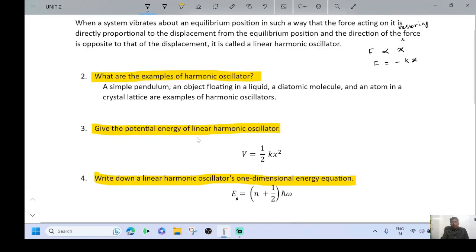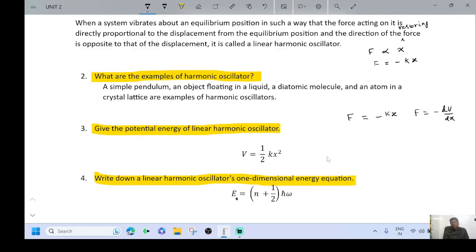Give the potential energy of linear harmonic oscillator. V = 1/2 kx² is the potential energy of linear harmonic oscillator. According to the definition, F = -kx, but the negative gradient of potential is called force. Minus dV/dx is force.